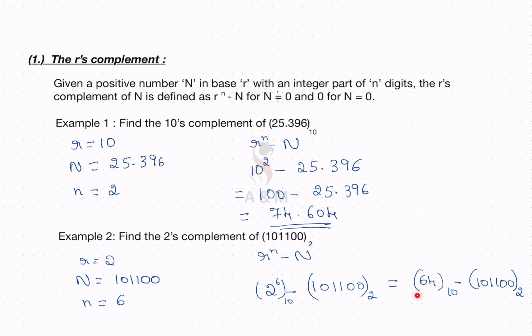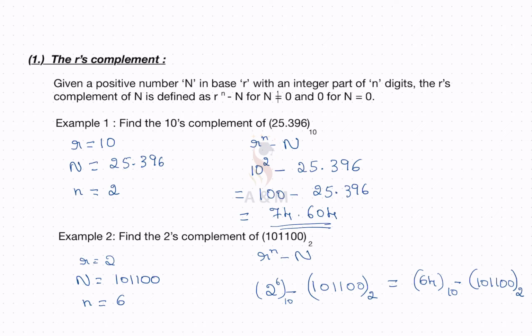Since it is in base 10, we have to convert this value into binary. It is not possible to subtract different bases. Therefore, we have to convert into the same base.